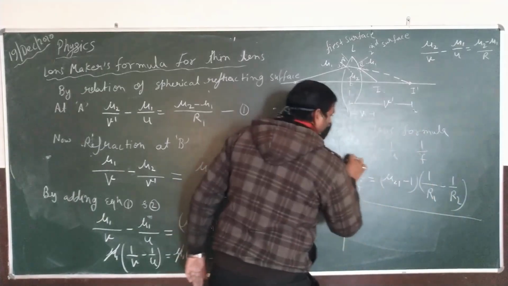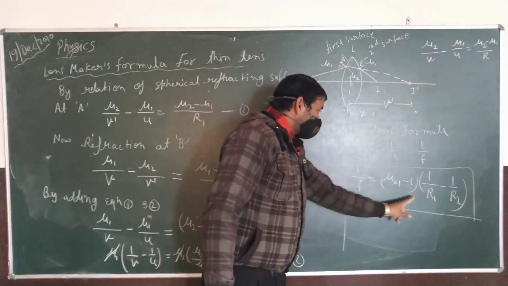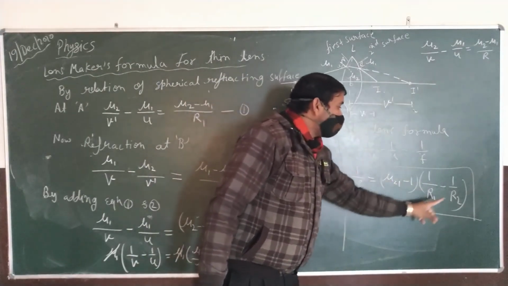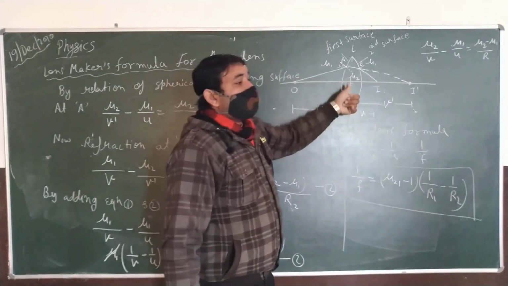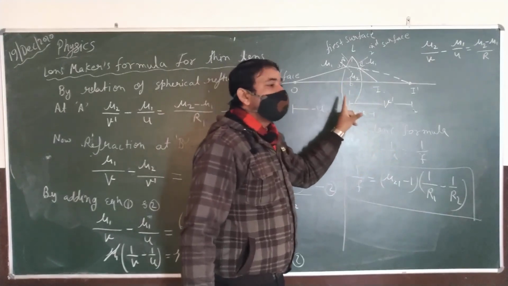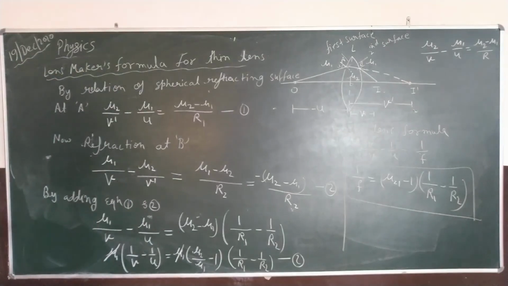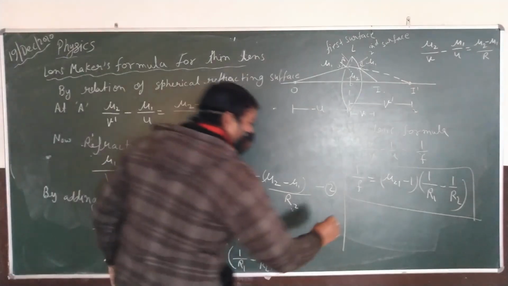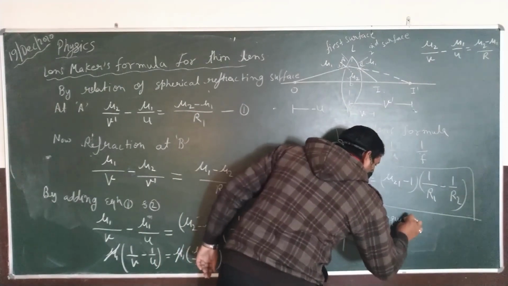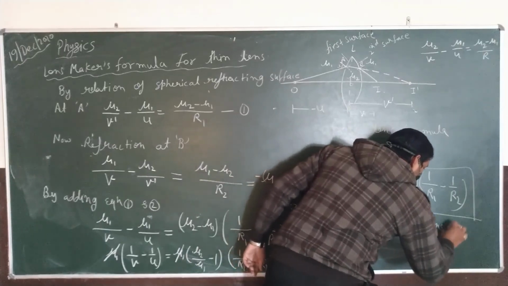This is the required lens maker's formula, and this is the relation between focal length, refractive index, and the radius of curvature of two spherical surfaces, which is used in making the lens. This is the required lens maker's formula.